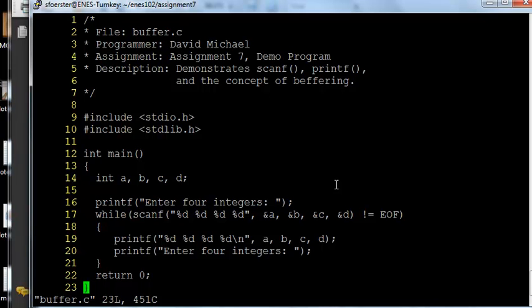Wrap it around my scanf, and then exclamation mark equal EOF, close parenthesis, and then he's got a right curly bracket and a left curly bracket that is going to bracket everything about my logic for the triangle. Now, I'm not going to show you that. I'm going to do that right now.